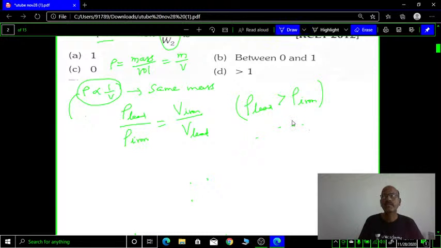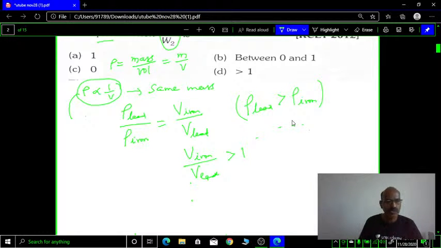Now that means volume of iron by volume of lead is greater than 1, because density of lead is greater than density of iron.